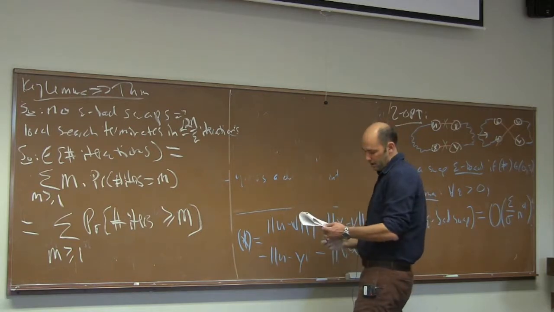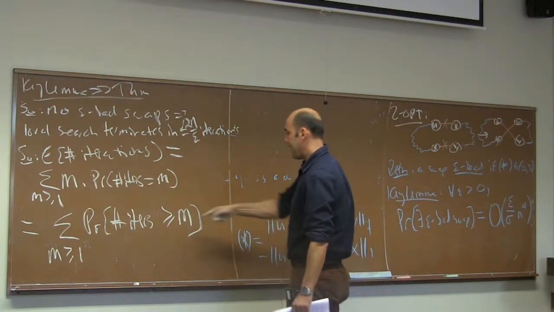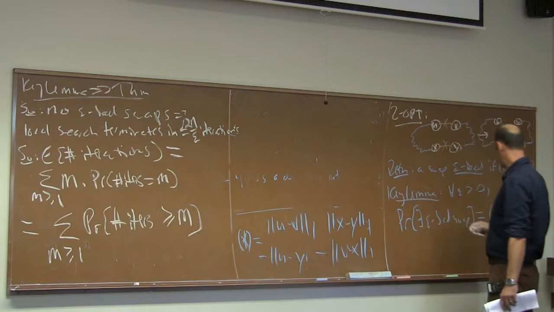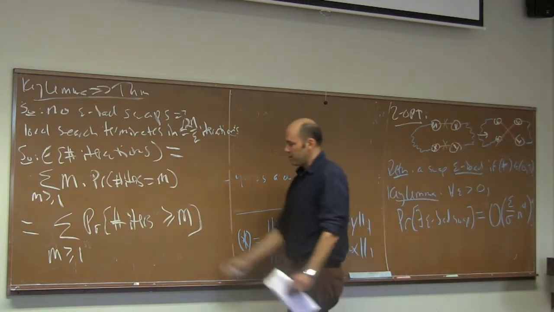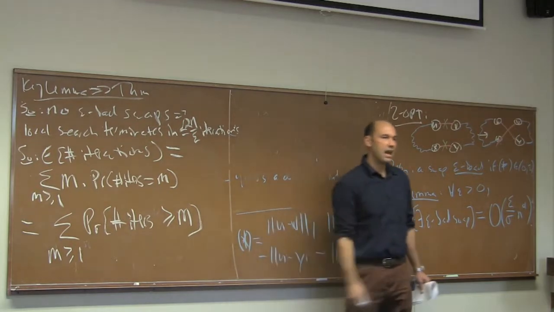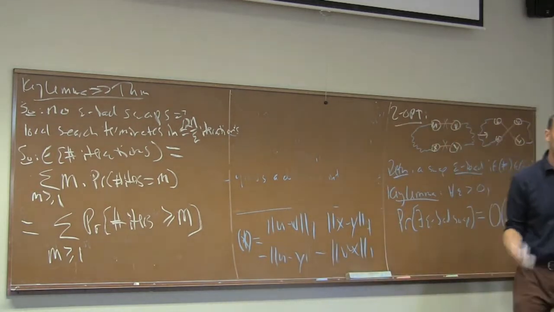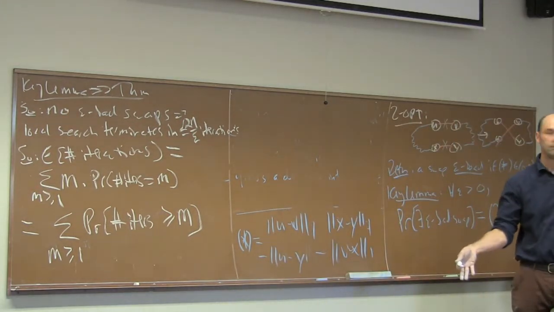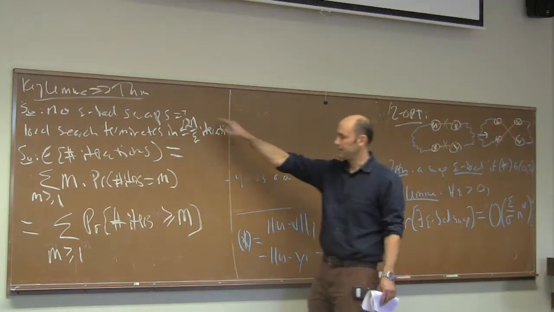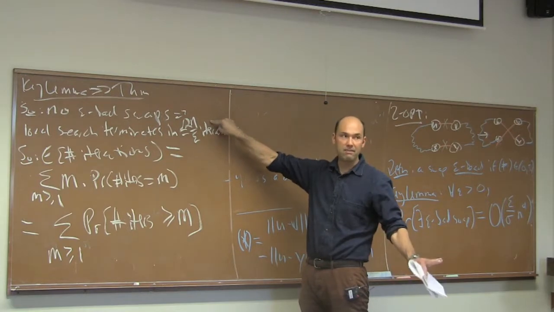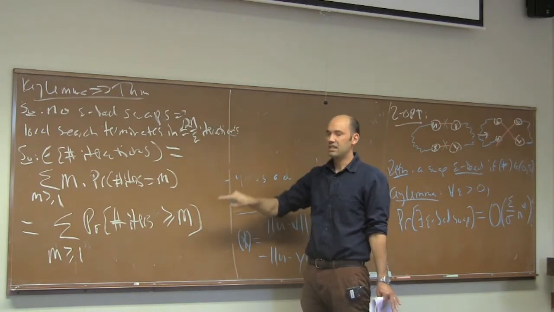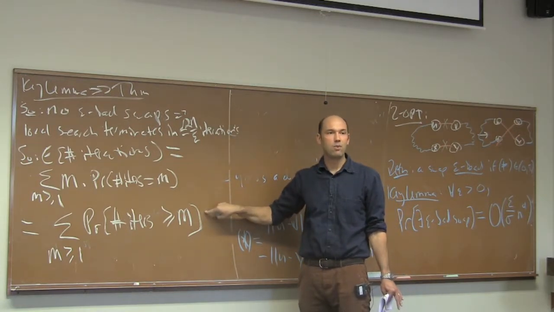Okay. All right, so now, why did I rewrite it this way? I rewrote it this way because the only way that the number of iterations can exceed capital M is if we have a pretty bad swap, with epsilon equal to 2n over M. All right, that's by this, right? So if there was no bad swap with parameter value 2n over capital M, then we're certainly not going to require M or more iterations.